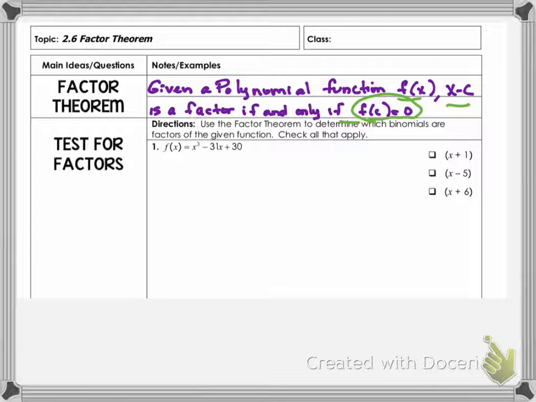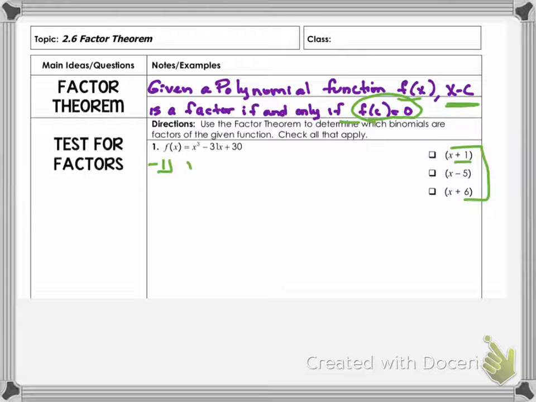It's asking if any of these three things right here are factors. So how you check them, unfortunately, is they want us to check each one. So we would start with synthetic division for the first one. So that would be a -1 because it's x plus 1, and this is x minus c up here.